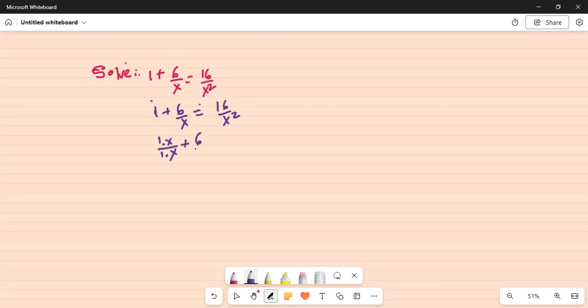So this becomes x in the numerator plus 6, with the lowest common denominator of x, is equal to 16 over x squared.